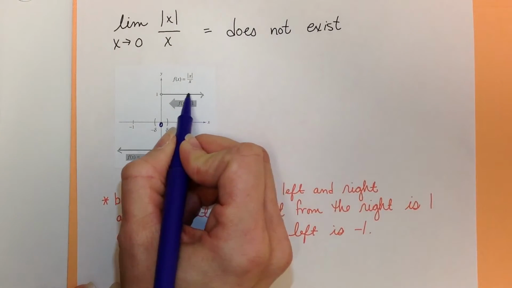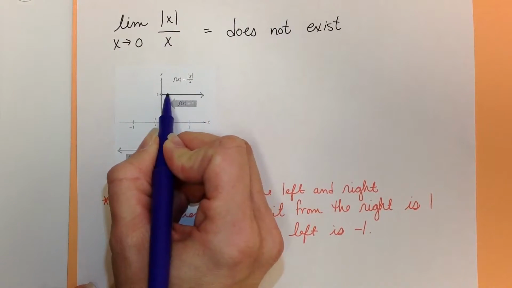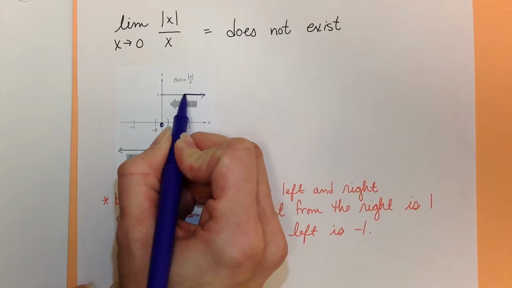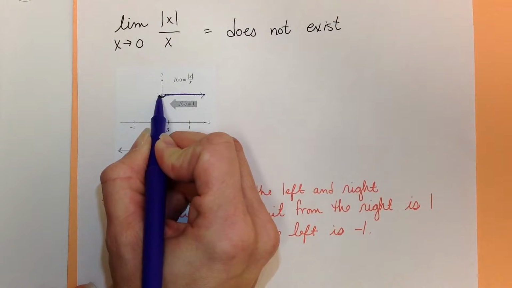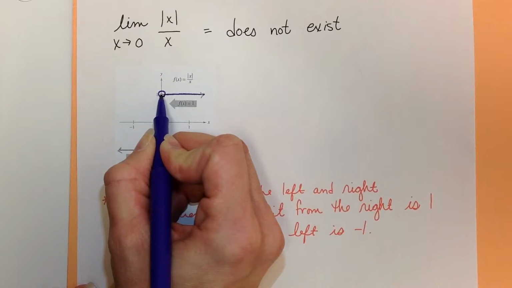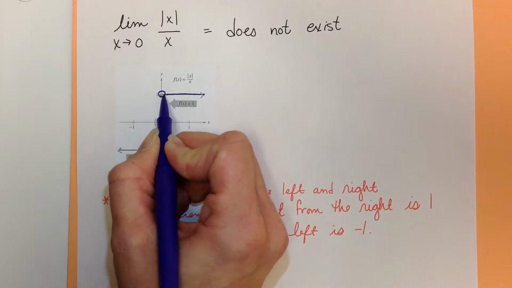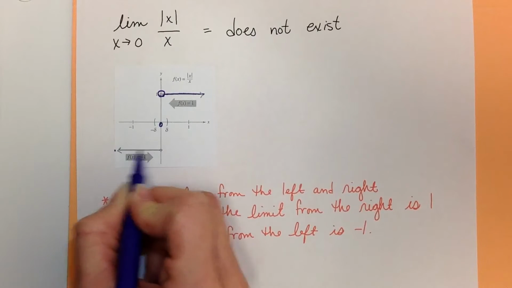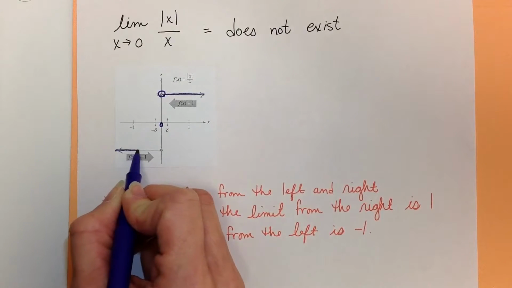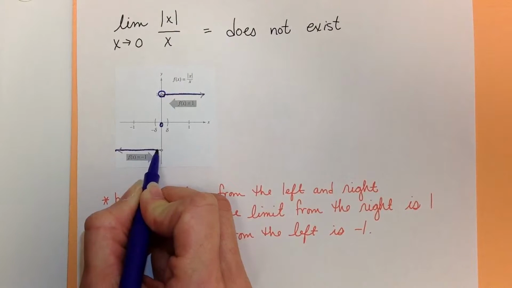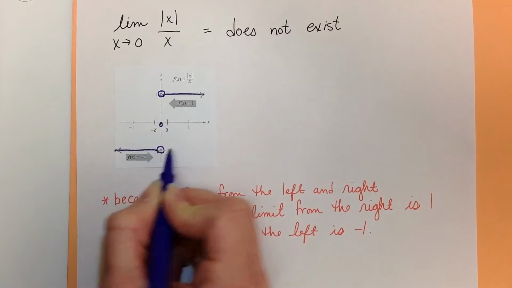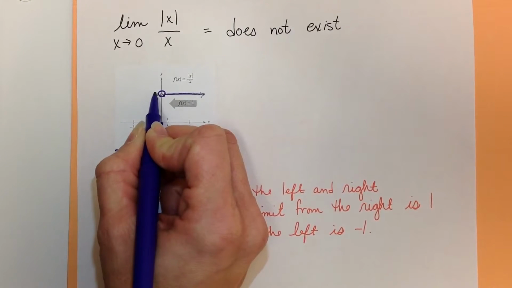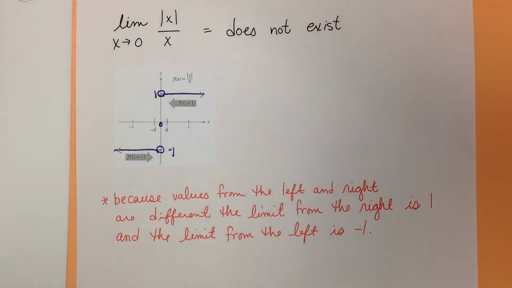Well, if you look at it from this right-hand side, as you follow your graph, the y value that you're getting close to is right there, which is positive 1. Then if you follow your graph from the left-hand side, you have to come down here, and as you come in closer to 0, you're approaching right here, which this value is negative 1. This value, remember, was positive 1.